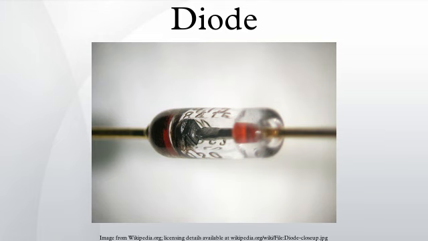Throughout the vacuum tube era, valve diodes were used in analog signal applications and as rectifiers in DC power supplies in consumer electronics such as radios, televisions, and sound systems. They were replaced in power supplies beginning in the 1940s by selenium rectifiers and then by semiconductor diodes by the 1960s.